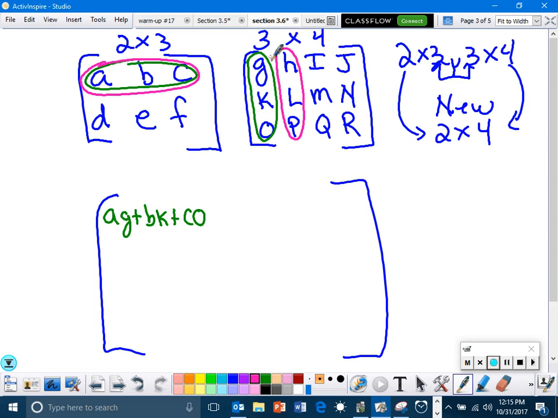I did not make this big enough, so let me erase this. Now I'm going to do first row, second column. So now I'm going to go A times H plus B times L plus C times P.